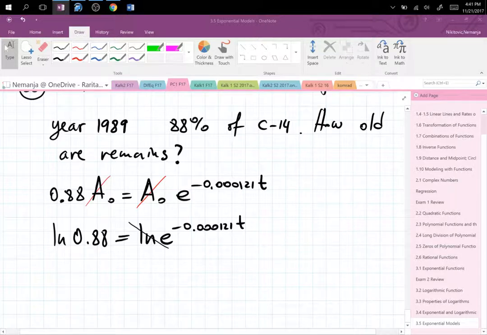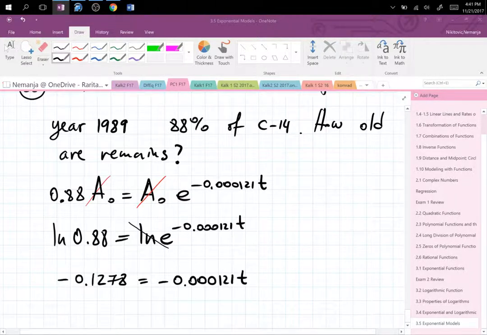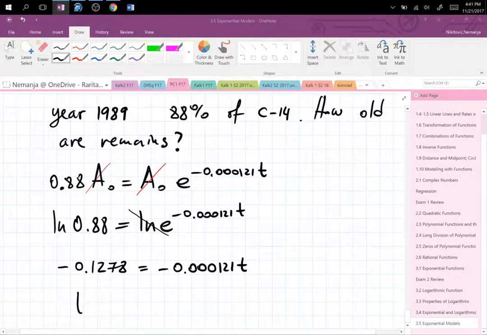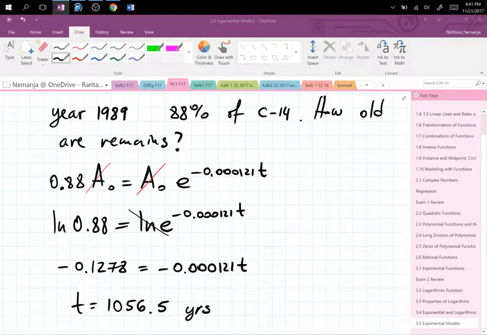We have ln of 0.88, which is negative 0.1278, is equal to negative 0.000121t. Divide. 1,056.5 years. So the skeleton remains are 1,056.5 years old.